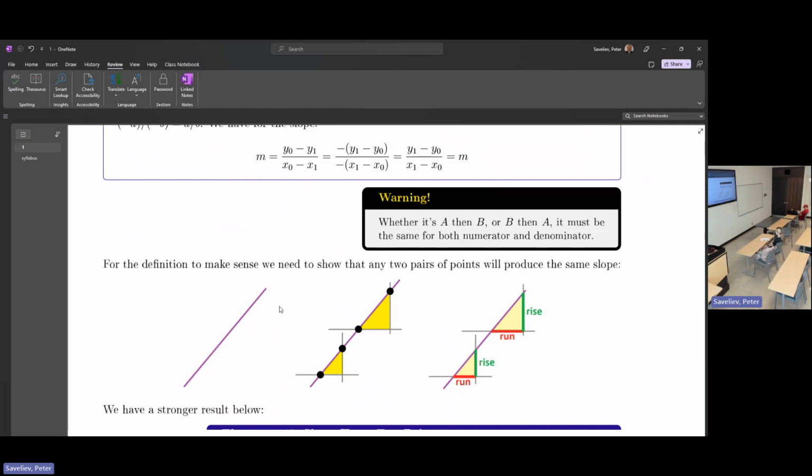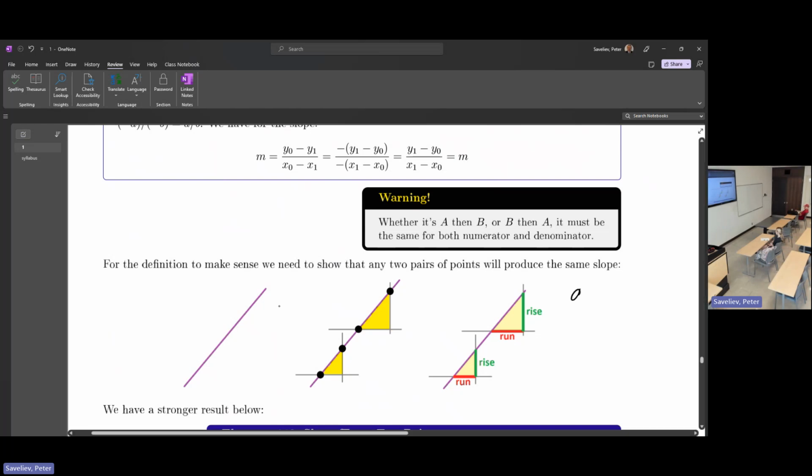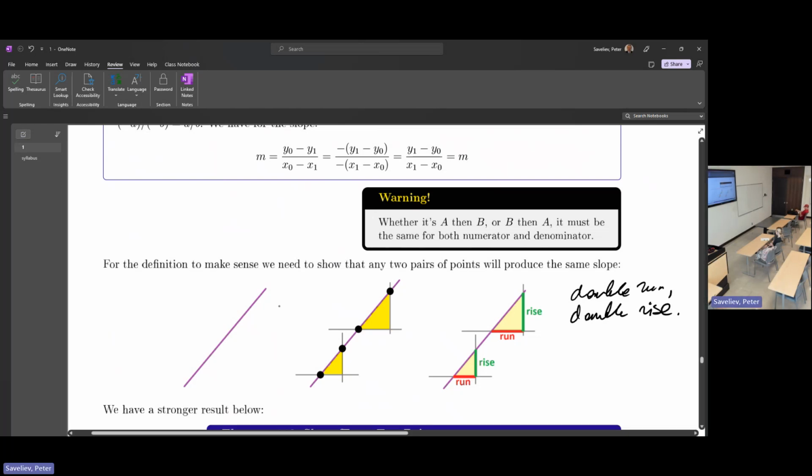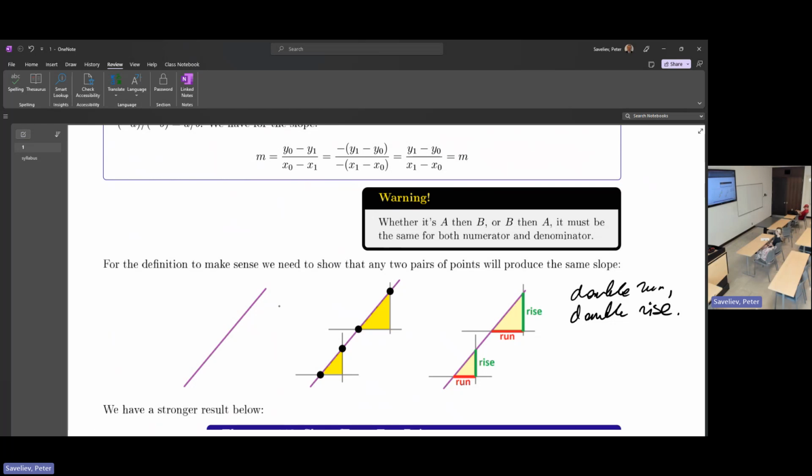Why there's a rise and run over there and over there, but the result is the same. So the idea is, let's say, double rise, double run. Okay, so that's the different rise and run will produce the same slope because they change proportionally. Okay, so that's how we interpret that statement.